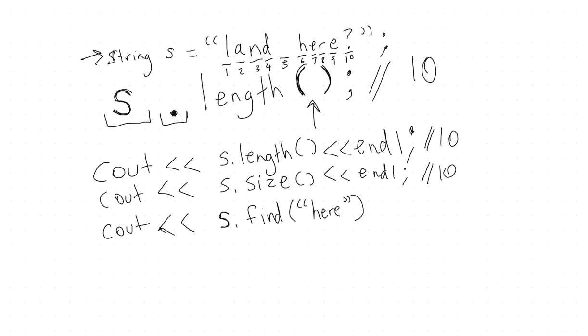Or you can also do s dot find here, and as your second parameter, maybe you want to ignore part of the string, so you want to start at a certain index instead. You can pass in what index you want to start looking from.